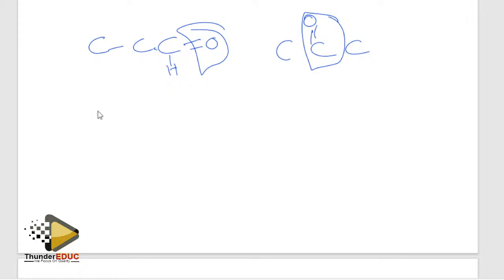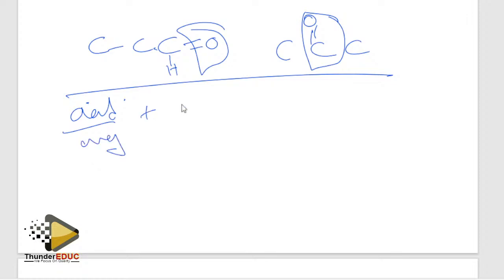For example, I might combine this with the reactions. If I have a reaction, you have an organic acid plus alcohol, then in presence of sulfuric acid, you form an ester.